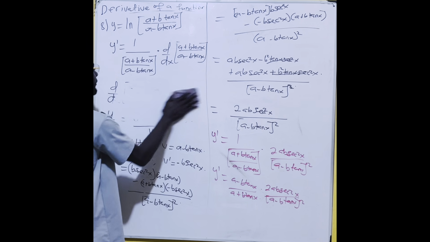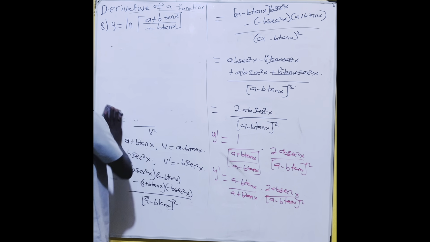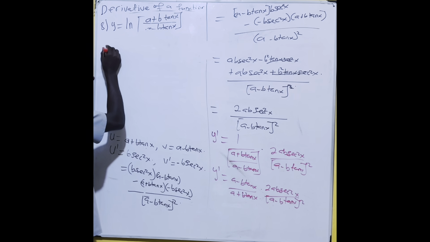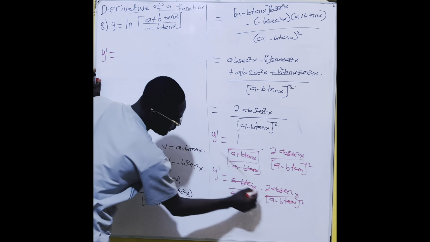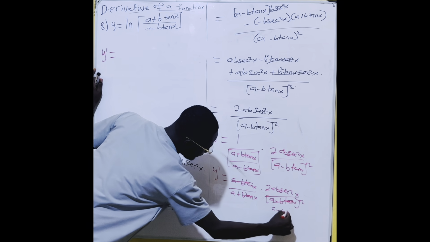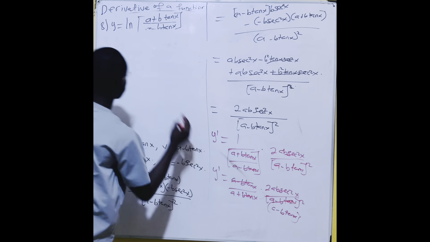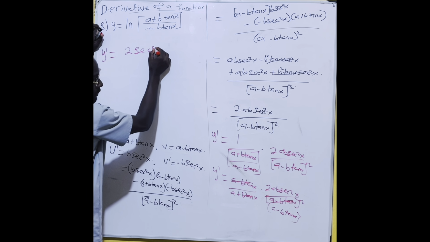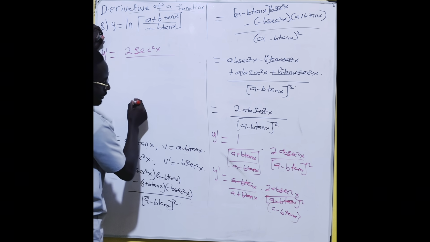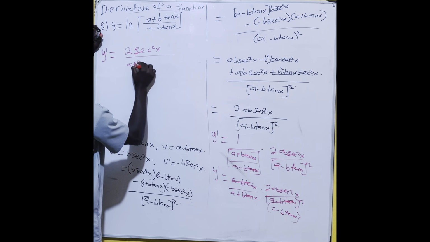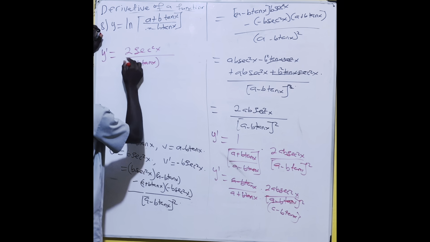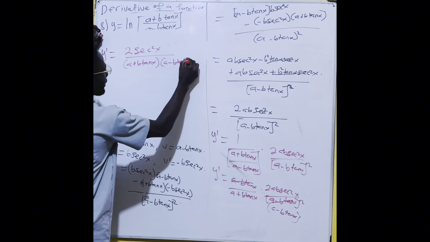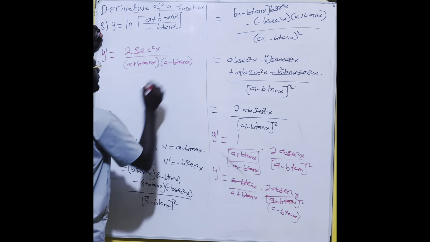So we're going to have our derivative to be equal to, this will take one of this, leaving a minus b tan x, right? So we have 2 sec squared x divided by a plus b tan x times a minus b tan x, right?